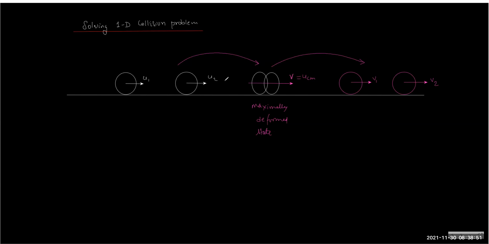Now there is some impulse in action. When they collide until they get maximally deformed, there is some impulse acting, and the impulse which acts during this part we call J_D, where D represents deformation. And from the maximally deformed state to the state when they are about to separate, the impulse acting is called J_R, which means the impulse of recovery or restitution.